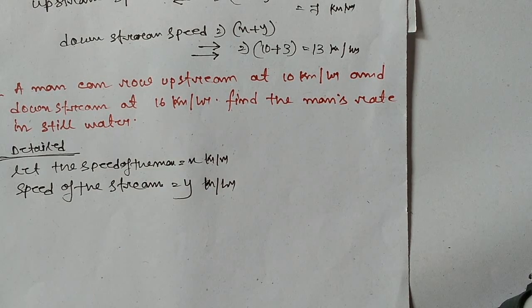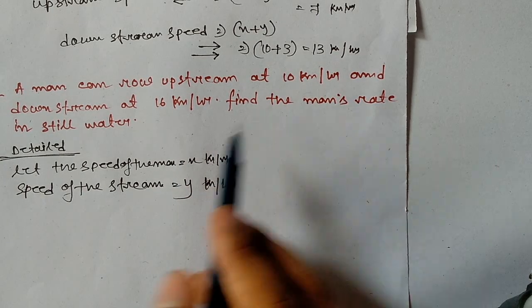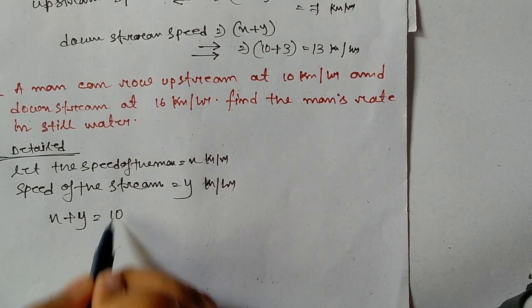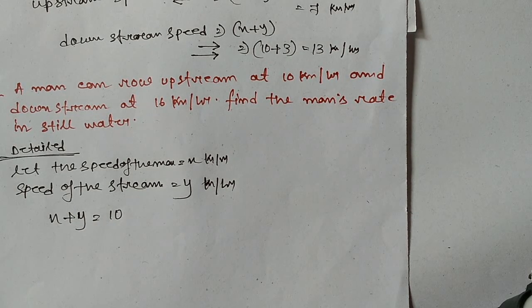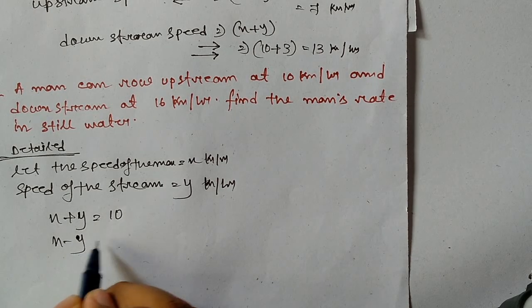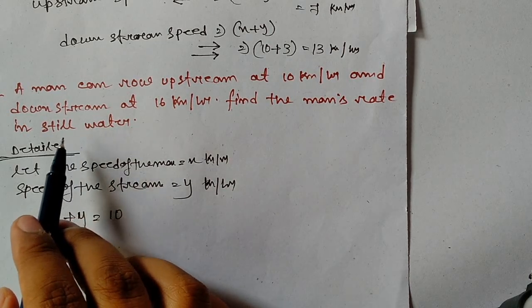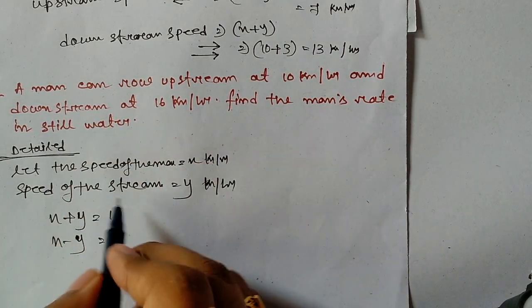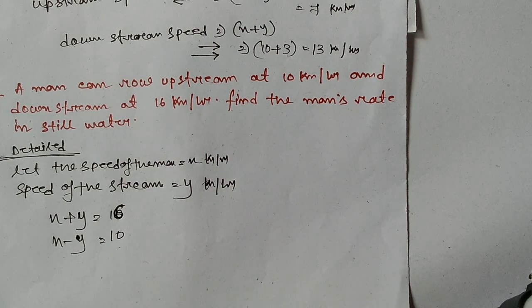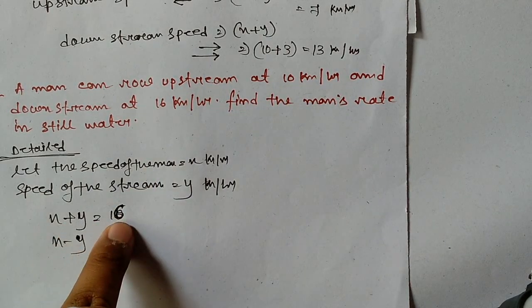It says upstream speed is 10 km per hour, and downstream speed is 16 km per hour. Sorry, I mixed that up: upstream is 10 and downstream is 16.